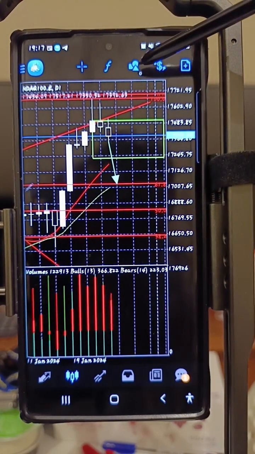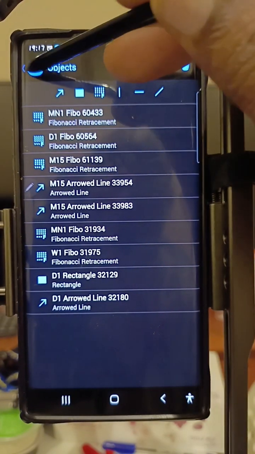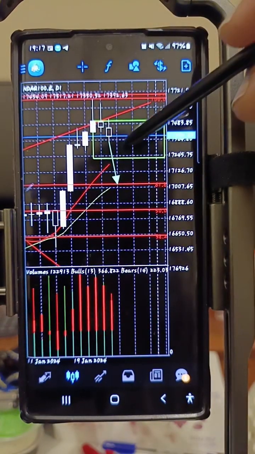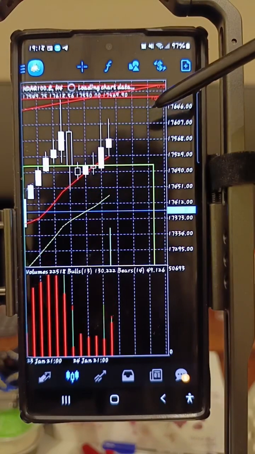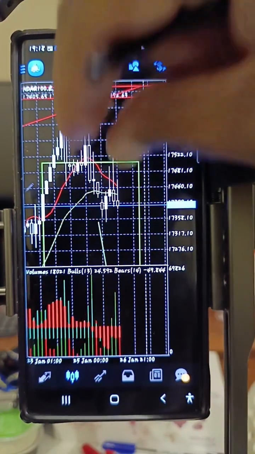And you can go further and look at this a bit further by looking at the 4 hour.